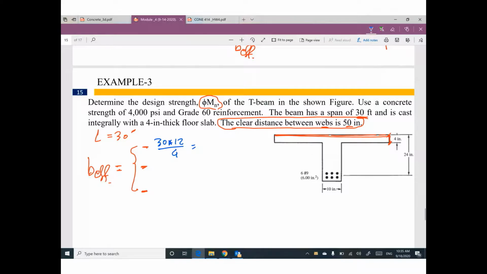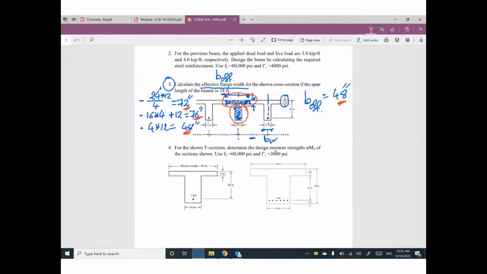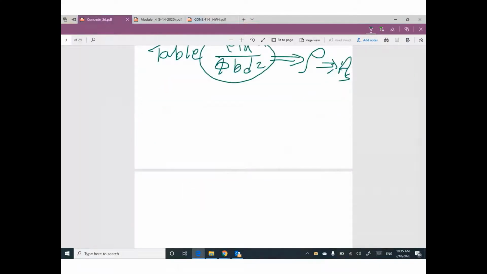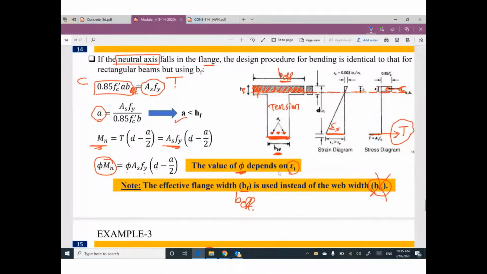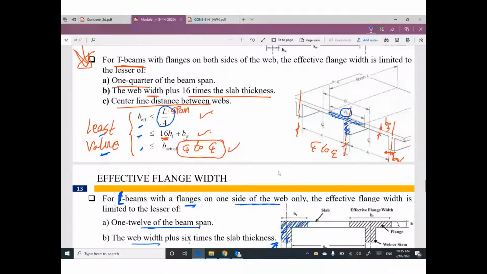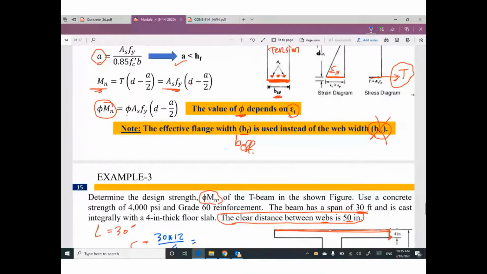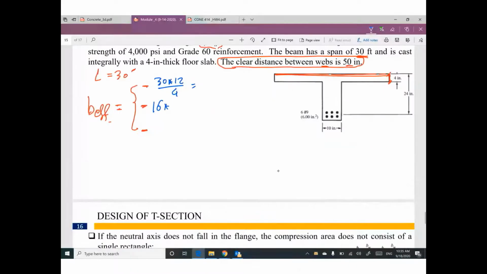Second one, 16 times flange thickness 4 plus web 10. Then center line to center line.